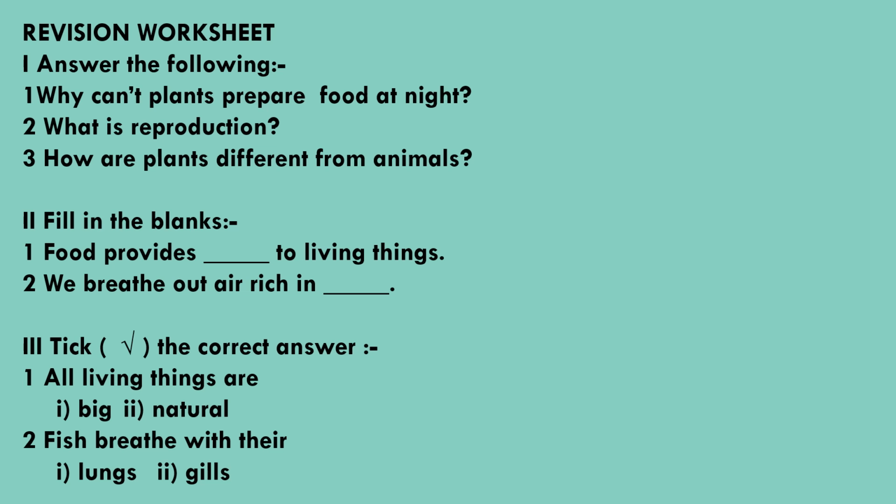So you have to choose, either the living things are big or they are natural. Then second is, fish breathe with their, and the options given are lungs or gills. Find the correct answer and check mark it.